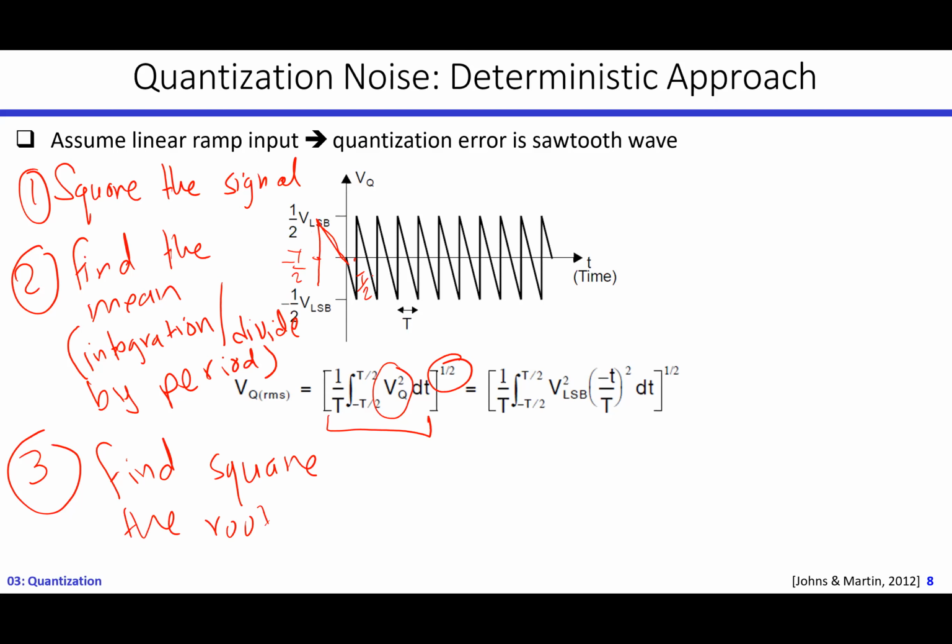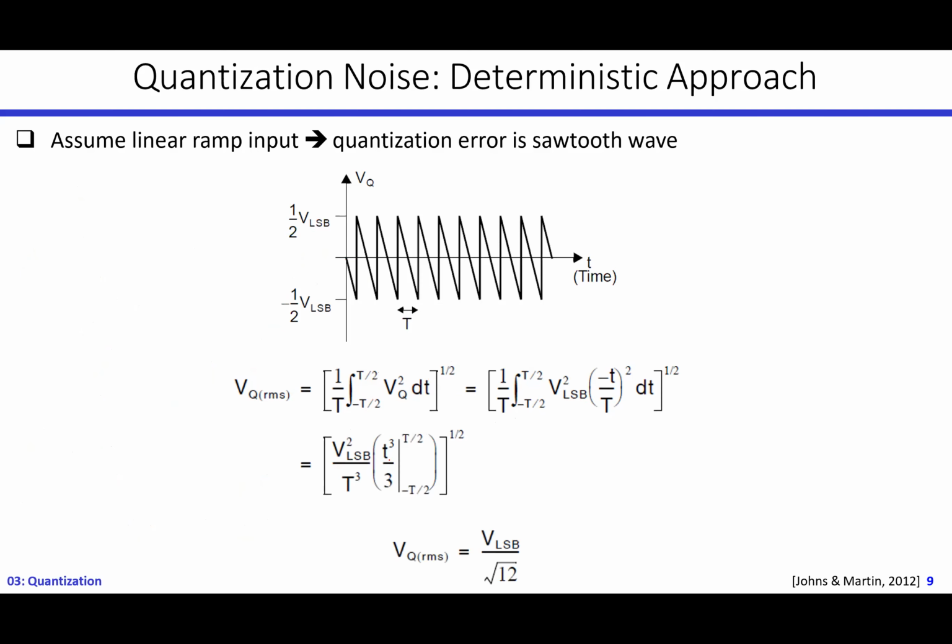So it's one complete cycle, which is one period T. I am integrating from minus half of T until half of T with the V LSB slope over T. In this period it's just a linear function with a negative slope, and then we integrate it and find the square root. If you do the math, you will get the root mean square value is the value of this LSB divided by the square root of 12.